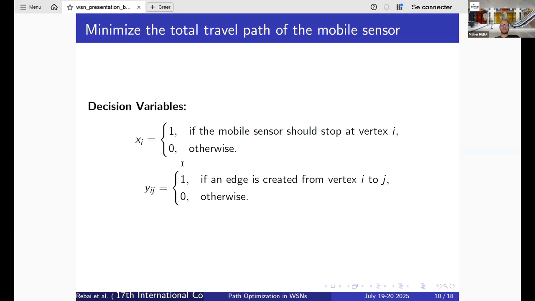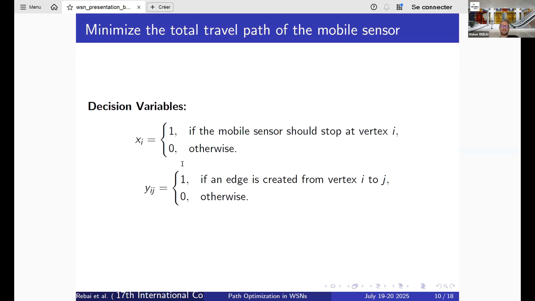And the second decision variable is called yig, and it takes one if an edge from vertex i to vertex g is selected in the final mobile sensor cycle, and zero otherwise.